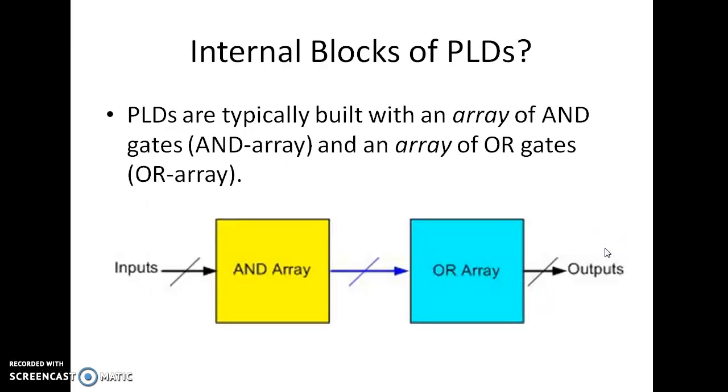So if I ask you what would be the internal blocks of PLDs? Simple. It consists of an array of AND gates followed by an array of OR gates. The number would be decided according to the logic function. Simple, right? In the first level AND gates, and in the second level OR gates. And we will be seeing different colors of connections here: black, blue, and then black.